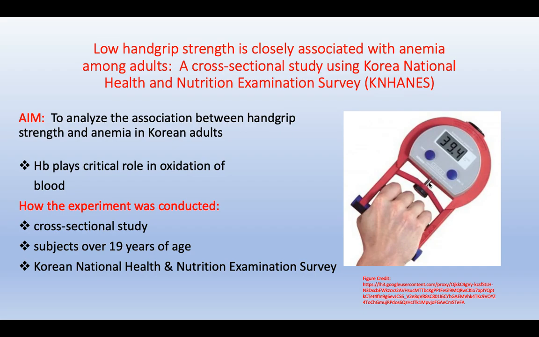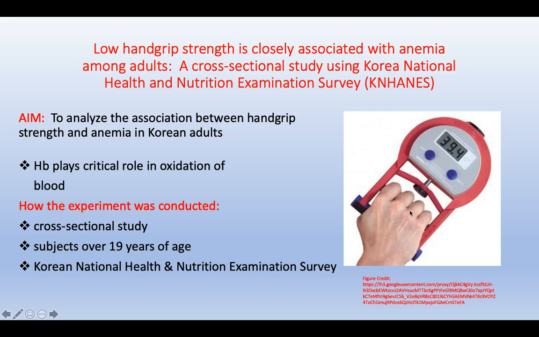In this cross-sectional study, which means they took a large population and looked at a specific point in time, they looked at whether the people had anemia and measured their hand strength with this digital grip strength dynamometer right here. So they could tell exactly how hard they were gripping this little machine.